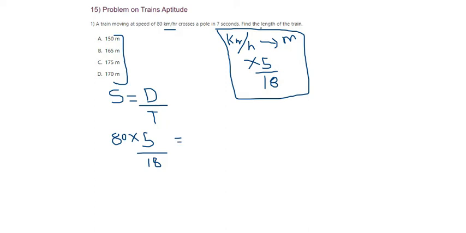The length itself is your distance. So we have to find d divided by your time, which is 7 seconds. But remember, this kilometer per hour converts to meters per second. When you simplify, you will get 175 meters. I'm leaving the calculation part to you guys, which is your option C.